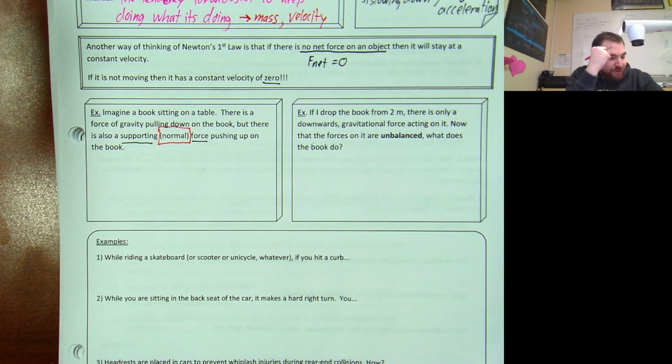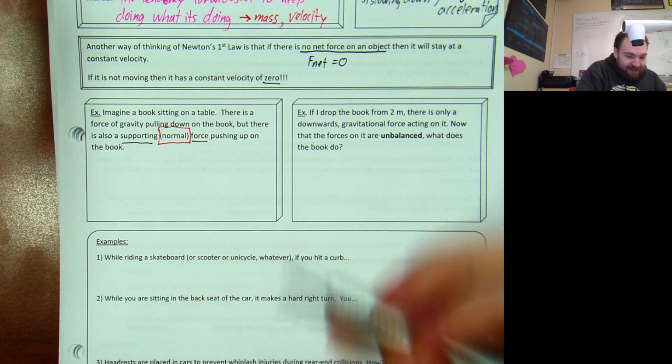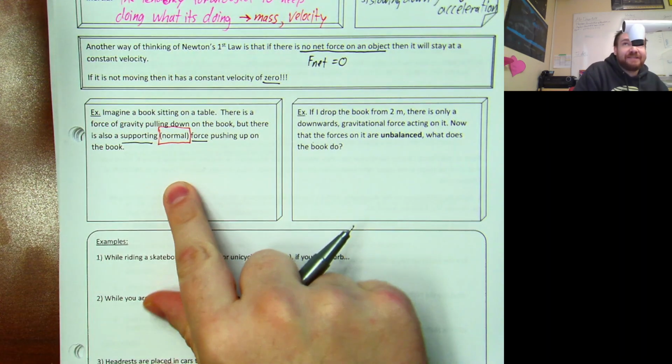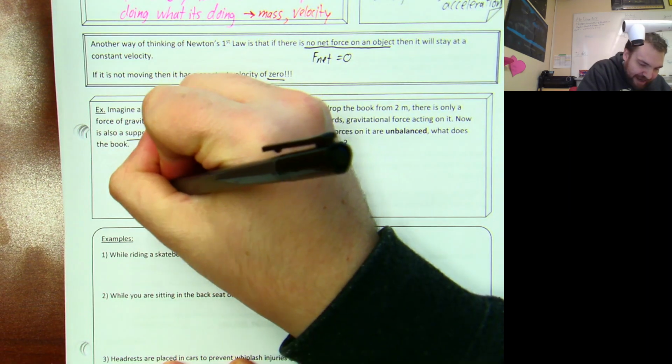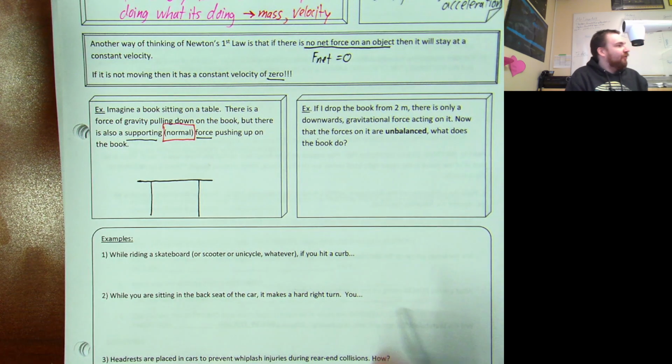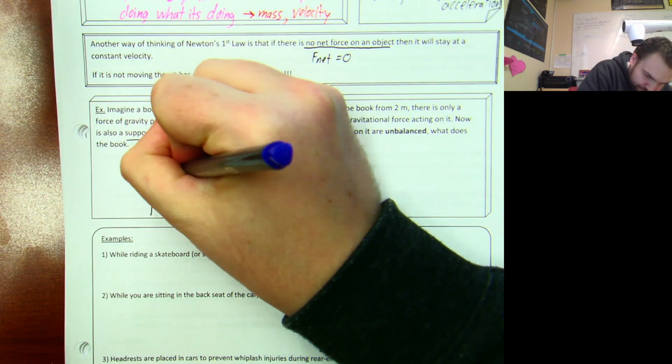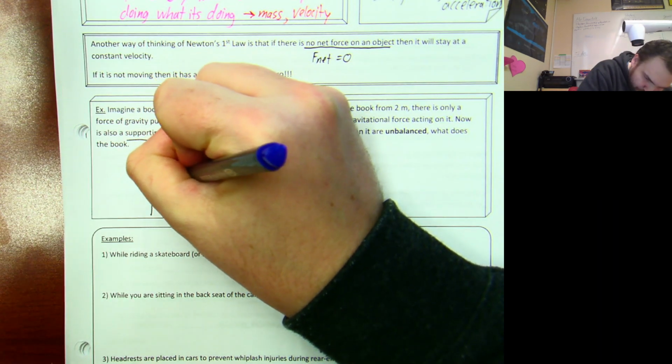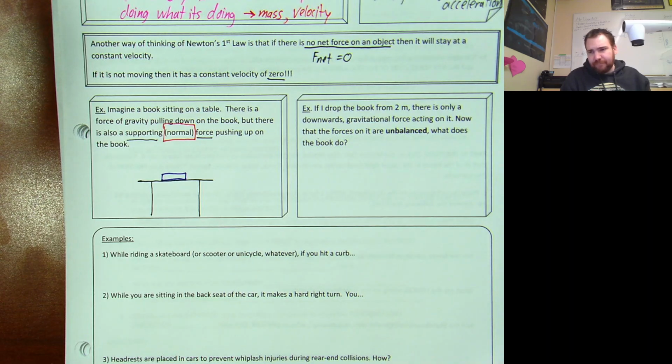Okay. So let's draw what Luis just said. We've got a table, which is why we've got space down here. Luis, you're really good at guiding us further to exactly where I want us to go, and I appreciate that. So there's our table. Here's the book. What forces are acting on the book?